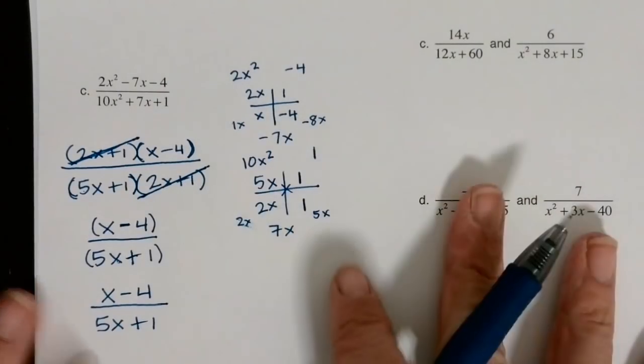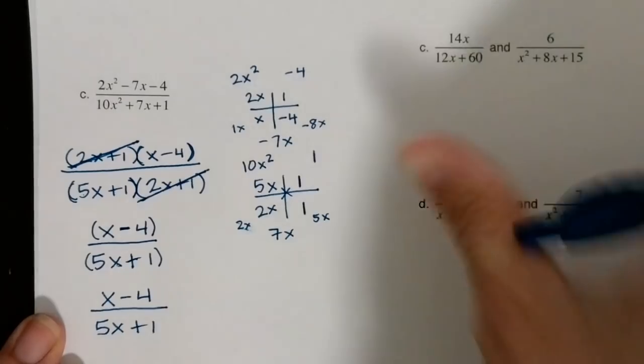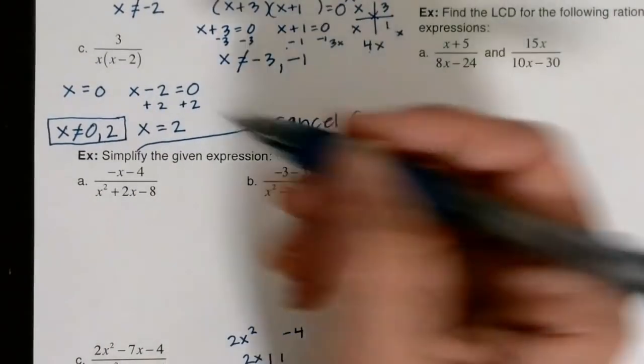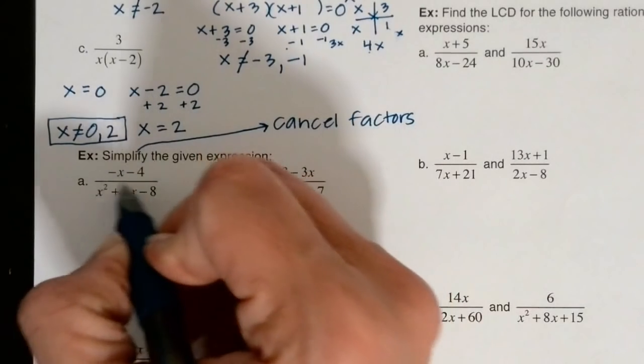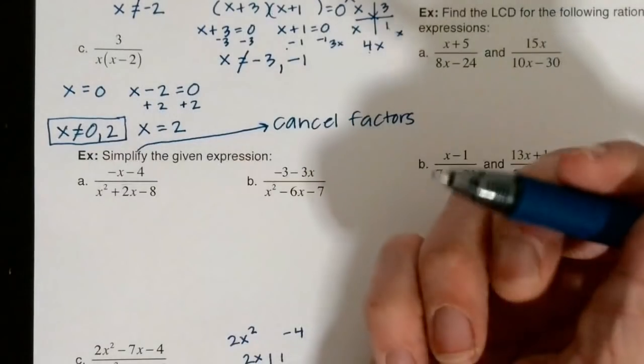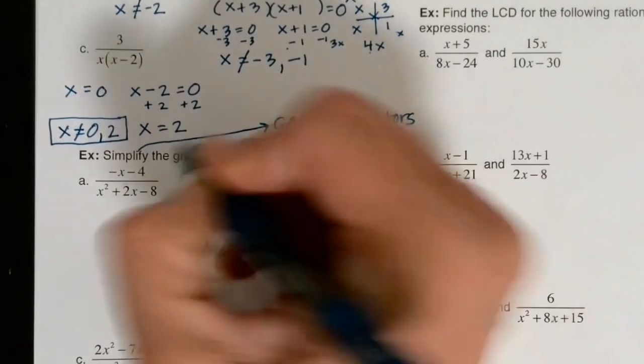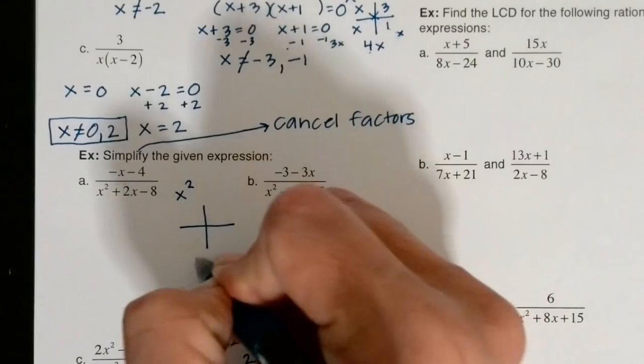Okay? So now we're going to go back up to part A, because I want to move on to this one right here. This one doesn't look like you can factor it. We're going to be able to factor it, but what I'm going to do instead is start with the denominator.